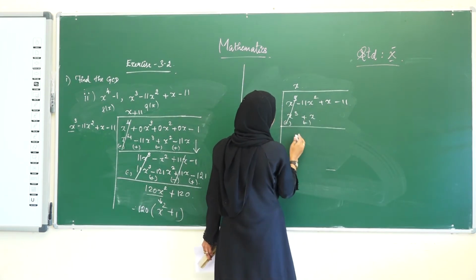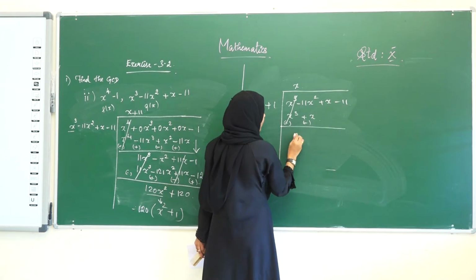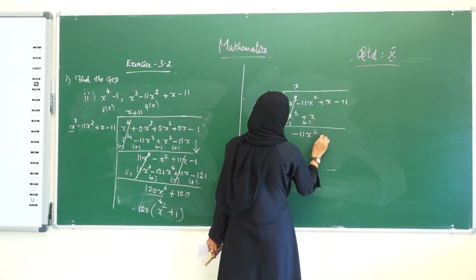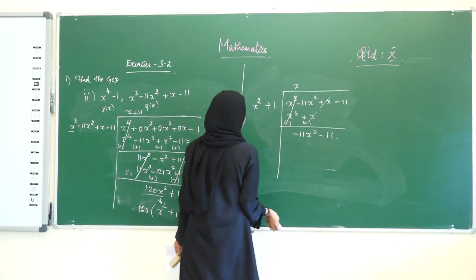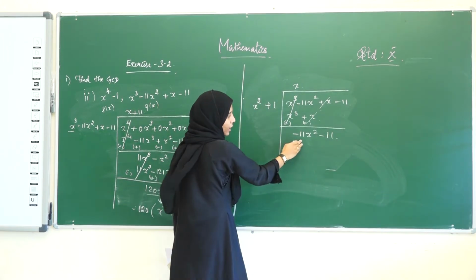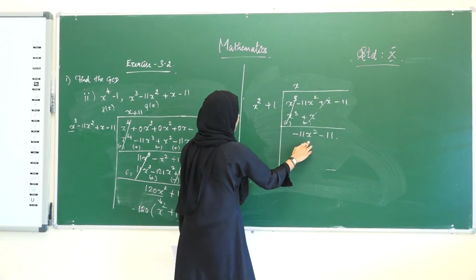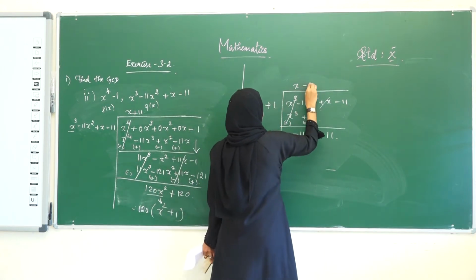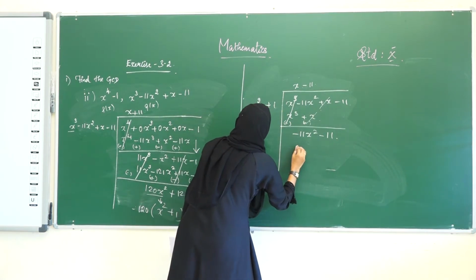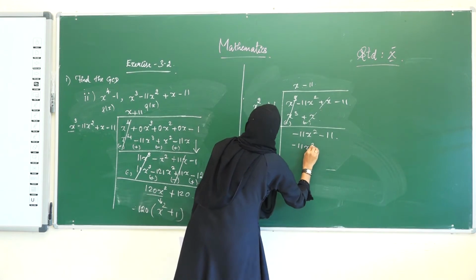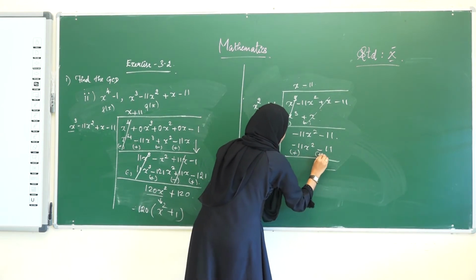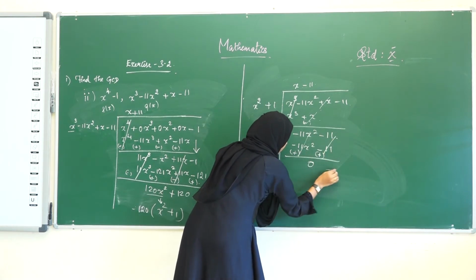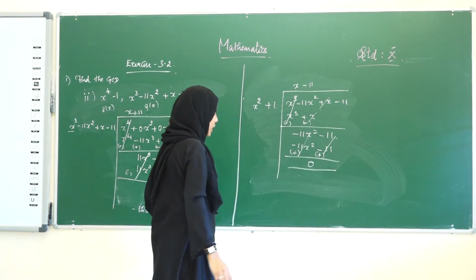Here it is minus 11x square, we don't have an x square term here, therefore minus 11x square. This term and this term get cancelled and then minus 11. So okay, here it is x square and the first term of this is minus 11x square. So on multiplying this term with minus 11, what we get? Minus 11x square minus 11. So we have to change this symbol. This term gets cancelled. So the remainder becomes 0.